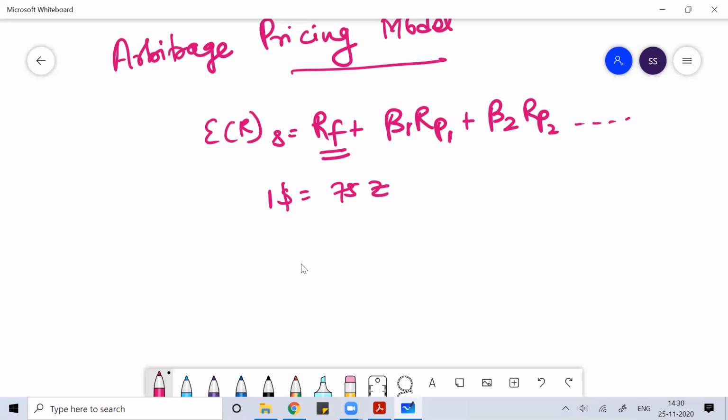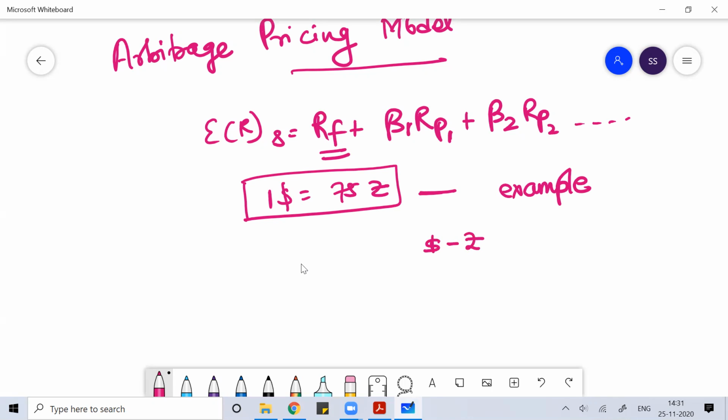Now, what are beta 1, beta 2, beta 3? Those are the risk coefficients associated with the different risks. Suppose $1 is equal to 75 rupees, and this is a dollar rupee contract. You know that currency always trades in pairs.